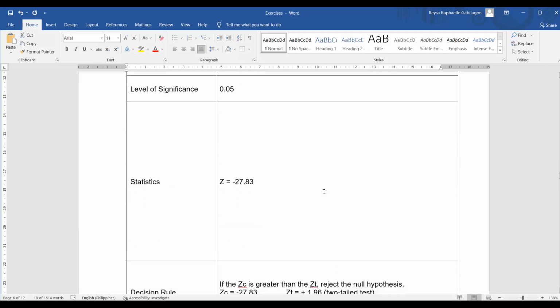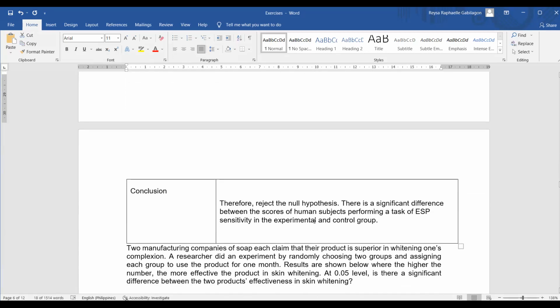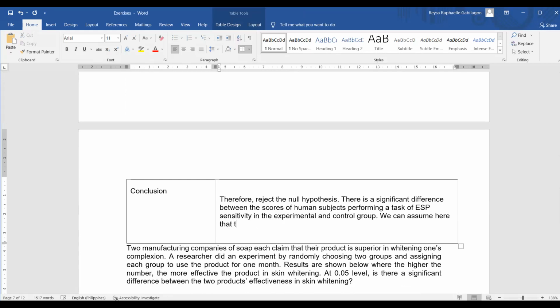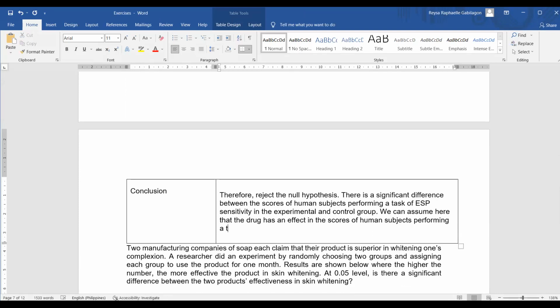But since merong difference talaga yung score ni experimental and ni control group, we can assume here that the drug has an effect in the scores of human subjects performing a task of ESP sensitivity. So, meron siyang effect.